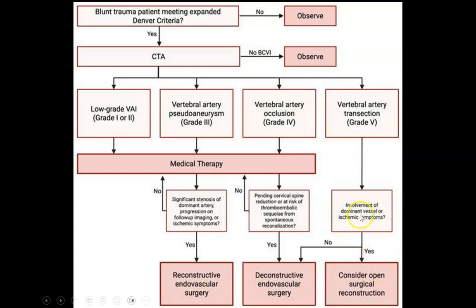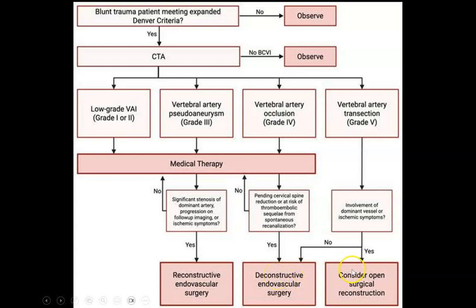And in this case, if it is involving a dominant vessel, you consider open surgical reconstruction, or you do the deconstructive, you occlude the artery. So what can the neurointervention do? It can reconstruct, it can put a stent inside this artery, or it can occlude the artery.